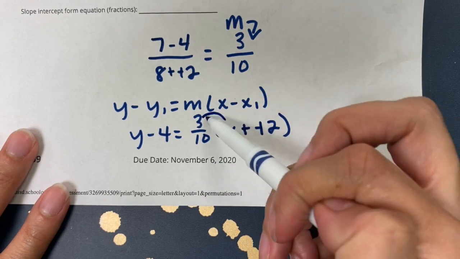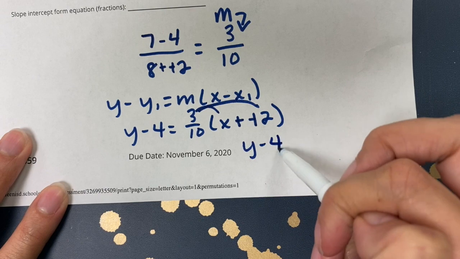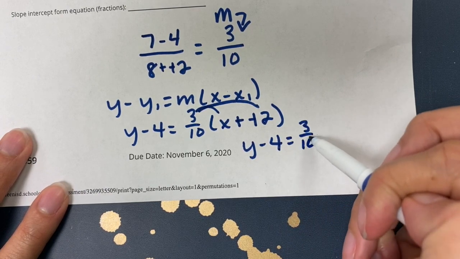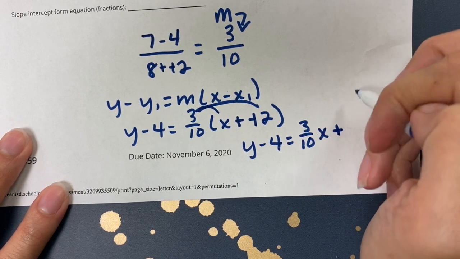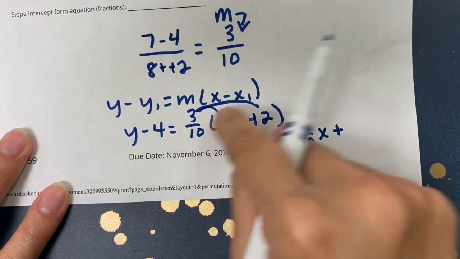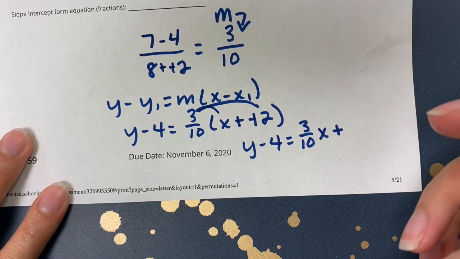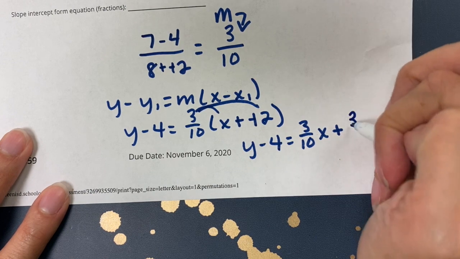We're going to distribute. So y minus 4 equals 3 over 10 x plus, this would actually give me 6 over 10, which simplifies to 3 over 5.